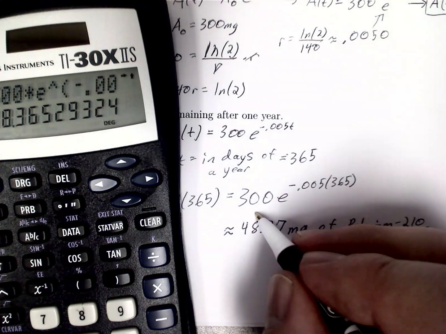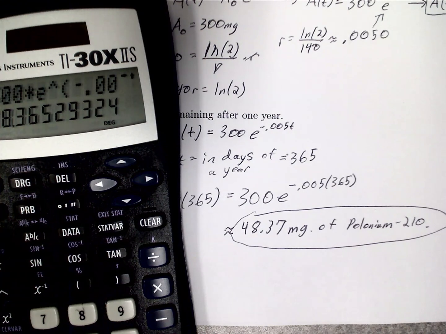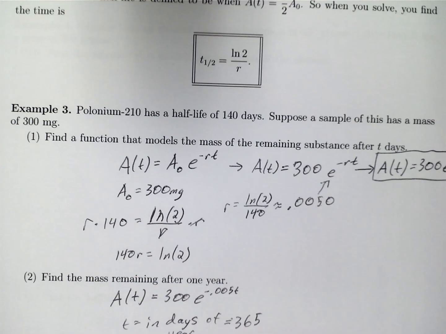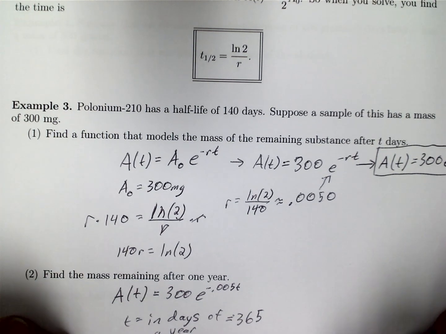Again, milligrams of what? Milligrams of polonium-210. All right. So we did one of those flavors. So this was the plug-in type of problem.